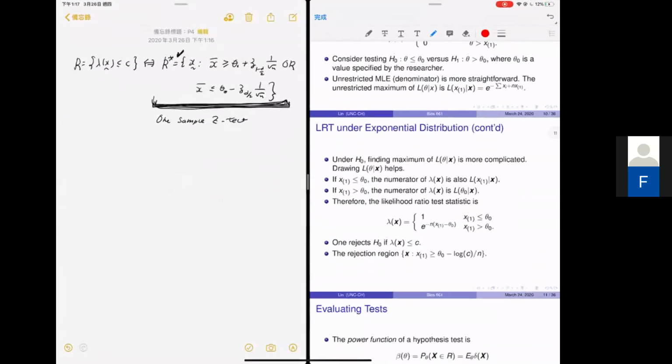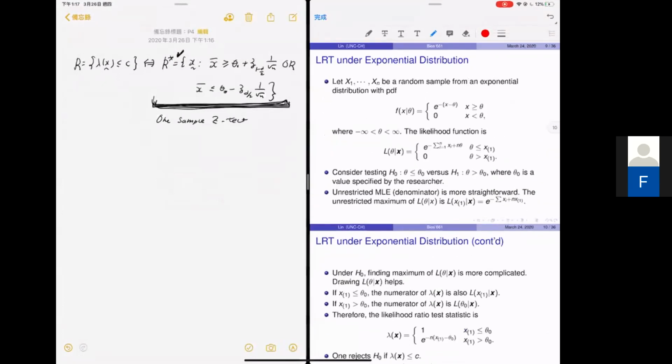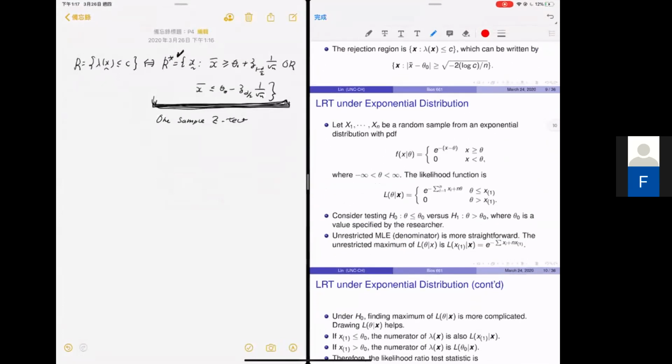And then another example, I want to keep doing this, hope you don't mind, because this is really important for your midterm number 2. It's how to derive the LRT under different scenarios. The principle is the same; you just need to be patient and do the derivation very carefully.